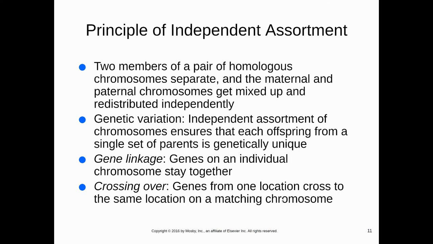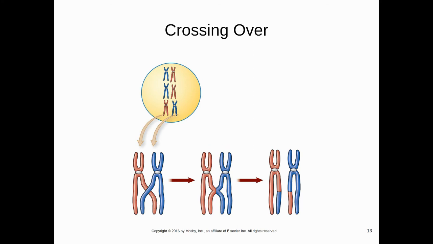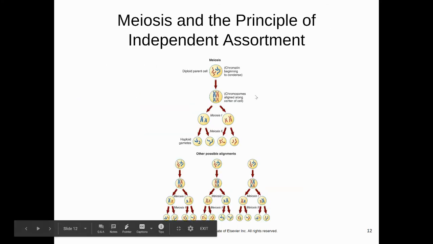Okay. So this all comes from the idea of independent assortment. It doesn't matter exactly how they separate, but they're always going to separate. Essentially, the maternal and paternal chromosomes will get mixed up and redistributed independently. They're not necessarily going to line up all blue on one side and all red on the other side like they show in the picture.